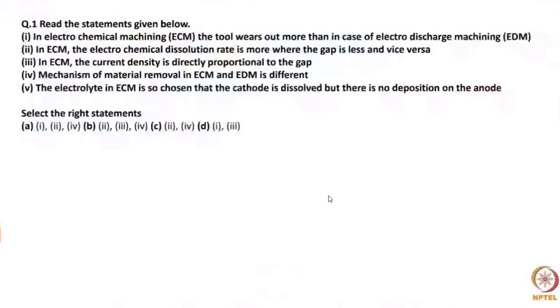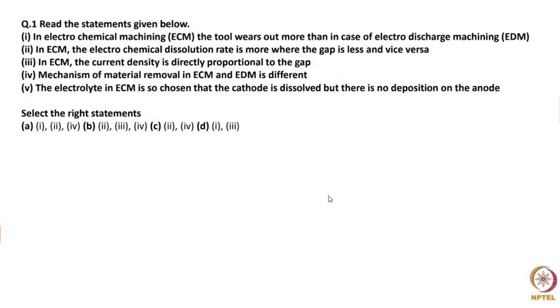So, in the last couple of lectures, we have studied extensively about the different conventional and non-conventional machining processes, whereby we have seen that in conventional processes there's a compulsory physical contact between the tool and the workpiece, and by imparting a relative motion between them, we are facilitating material removal by shear deformation of the workpiece material.